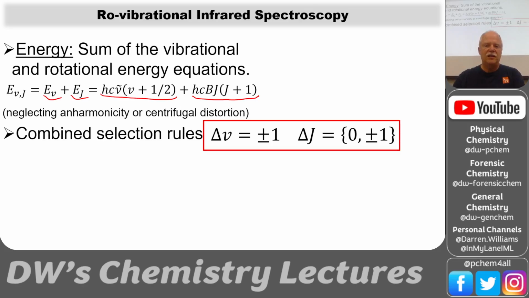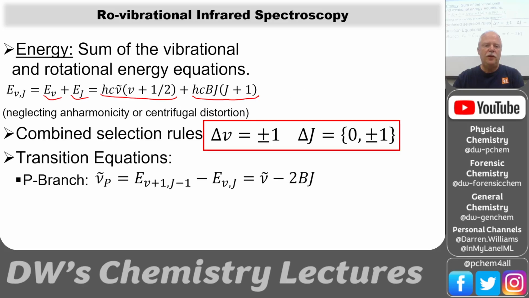So let's look at the combined selection rules, plus or minus 1 for vibration, and for rotation 0 or plus or minus 1. And so here are the transition equations. So for the P branch, and I would love for you guys to do this on your own, so verify these. What we did was we put in V plus 1 and J minus 1, because that's what the P branch is.